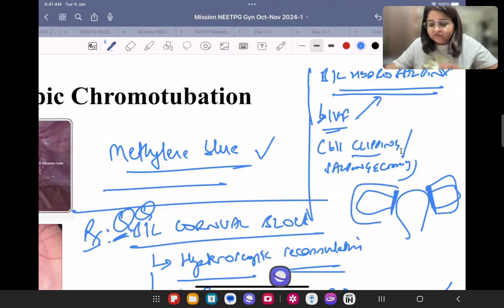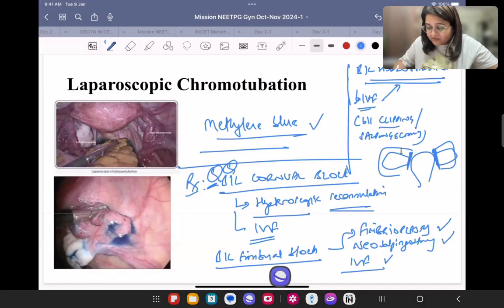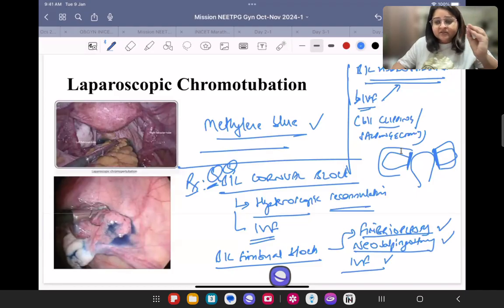Okay, this will improve the success for IVF. Okay, what is neosalpingostomy? अगर फिम्ब्रिया पे ब्लॉक है, ठीक है, या तो उसको ब्लॉक को खोलने की कोशिश करो, दैट्स कॉल्ड फिम्ब्रियोप्लास्टी, या फिर एक नया ओपनिंग बना दो ट्यूब के एंड पे, दैट्स कॉल्ड एज नियोसाल्पिंगोस्टमी.